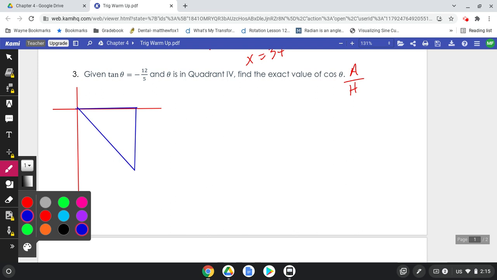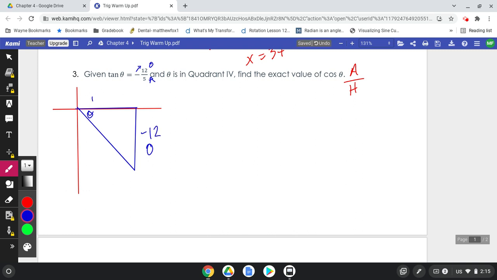So if we think about it, tangent, TOA, this is O, this is A. Now, compared to theta, O is on this side. So O is down. Down is negative, so that negative has to go with the -12. Meanwhile, 5 is the adjacent, and 5 is to the right. That's positive, so it makes sense that that was positive.